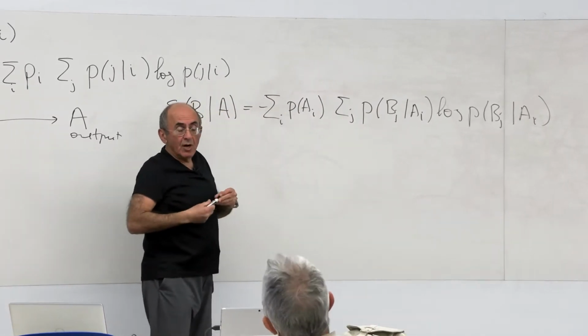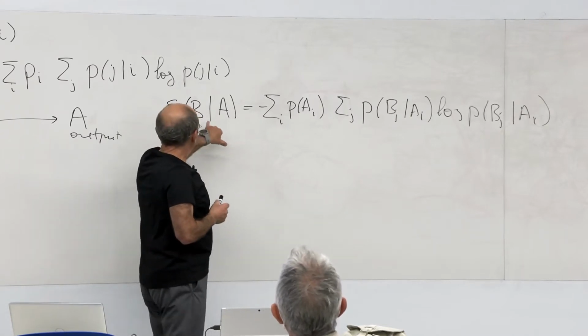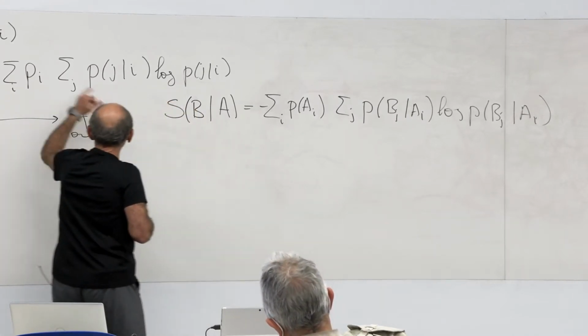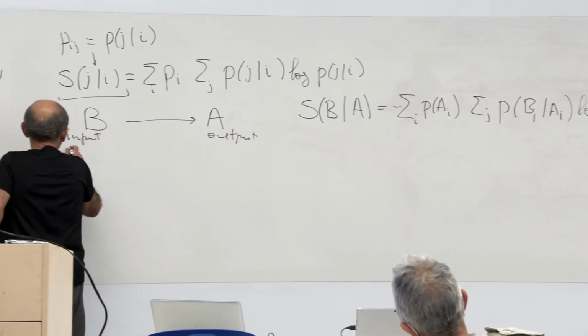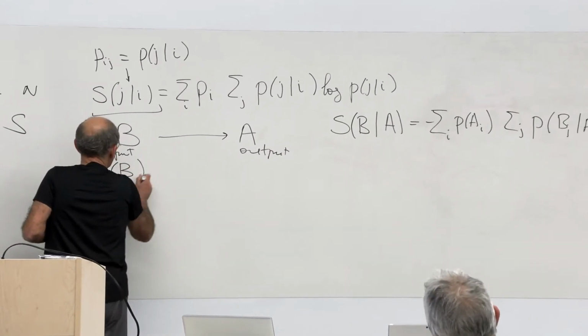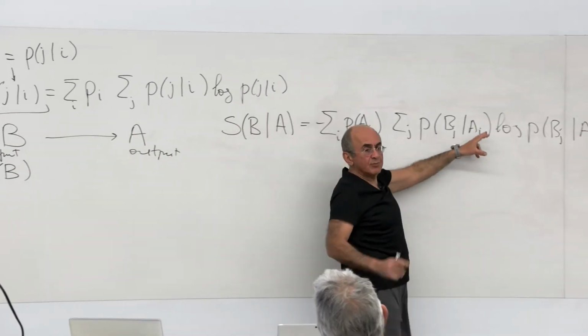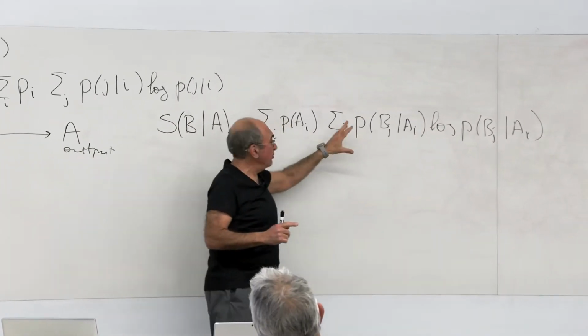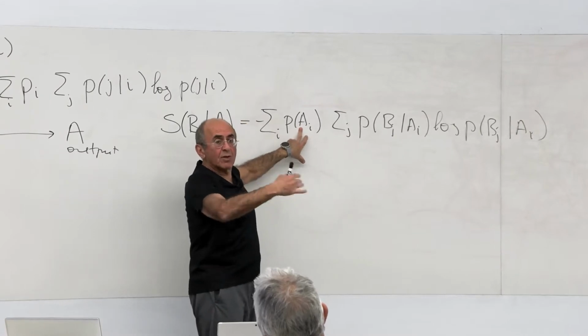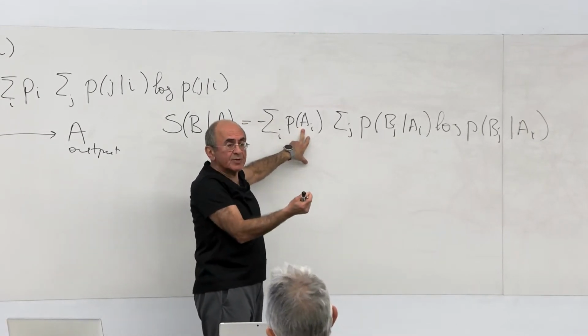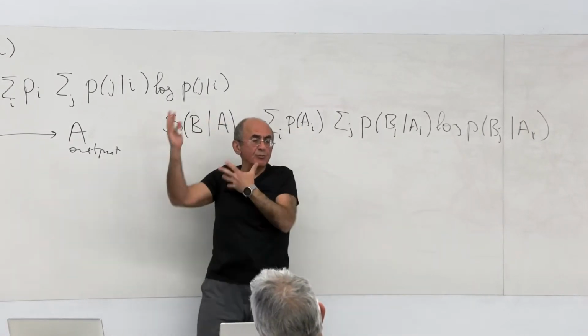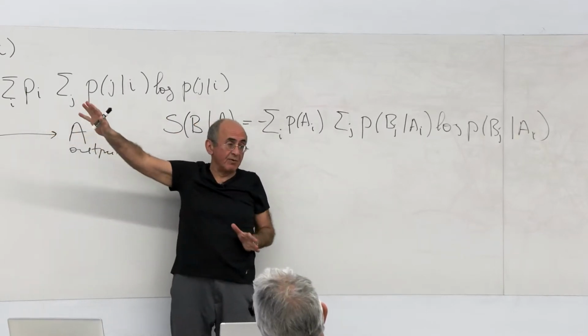Now what is important is that this quantity is generally less than the uncertainty which we had before, but not for every A_i. That is important. Only on average, only when I sum over all my measurements, because for a given measurement, it may be a very skewed probability distribution which would have higher uncertainty.